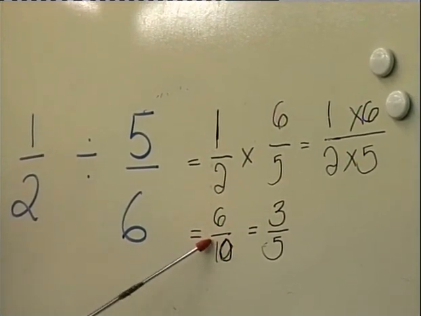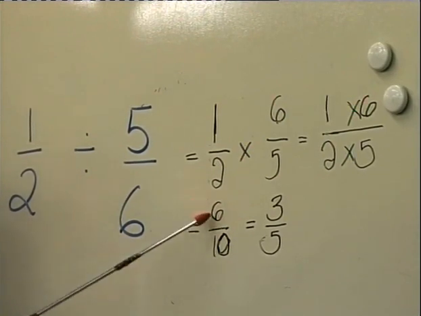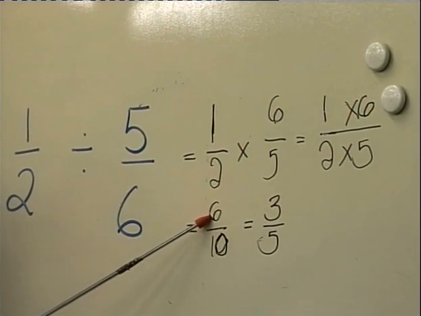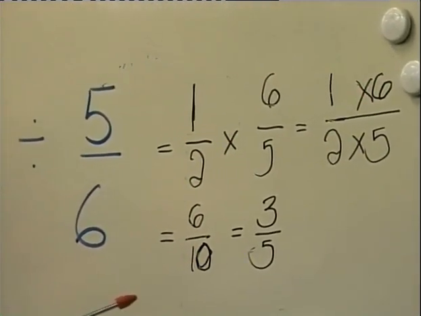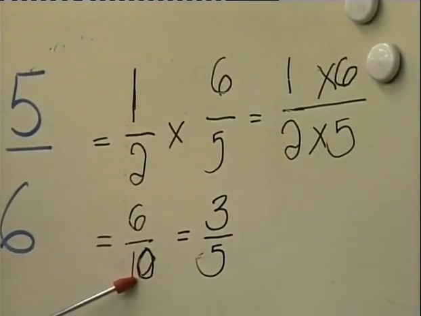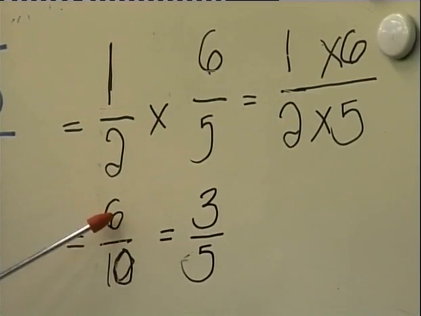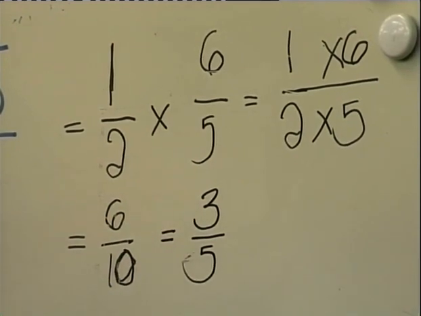Now you can simplify. Divide by which number, 3 or 2? 2, because 3 cannot go into 10 evenly. So 2 into 6 is 3, 2 into 10 goes 5. So your answer is 3/5.